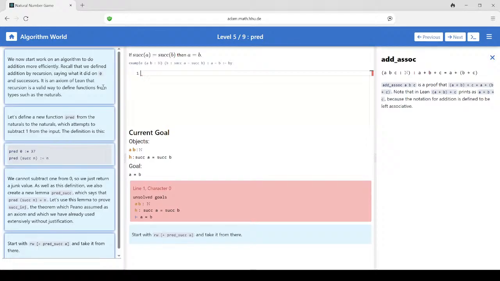It is an axiom of Lean that recursion is a valid way to define functions from types such as naturals. I'm not sure what that means. A valid way to define functions from types such as the naturals.